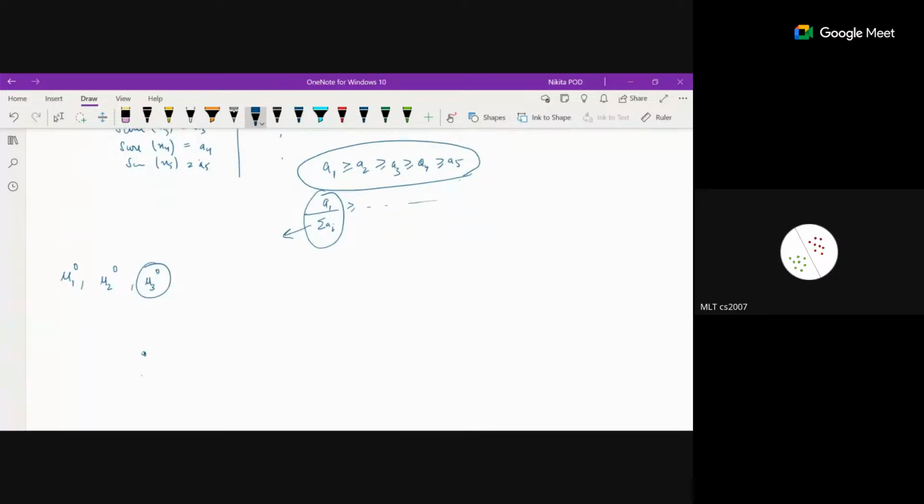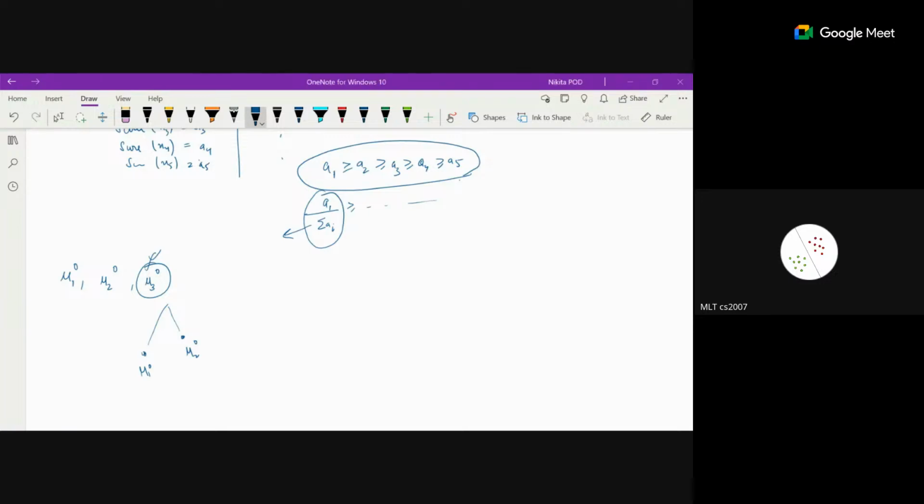If this is my mu1 naught, and this is my mu2 naught that is chosen by the algorithm, then ideally my mu3 naught should also be chosen in such a way that it is as far as possible from both mu1 naught and mu2 naught, right? That is the idea. This is what we should want.